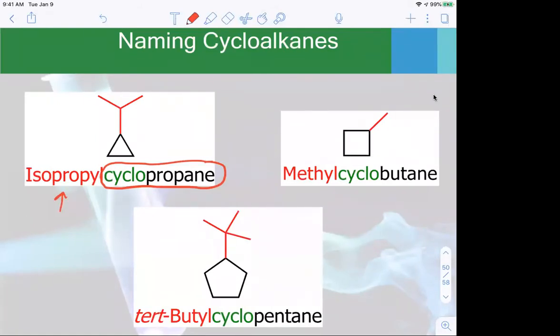So here I have isopropyl cyclopropane. Here I would have methyl cyclobutane. And here, this is that tert-butyl group, and it's attached to a cyclopentane, so that would be called tert-butyl cyclopentane.